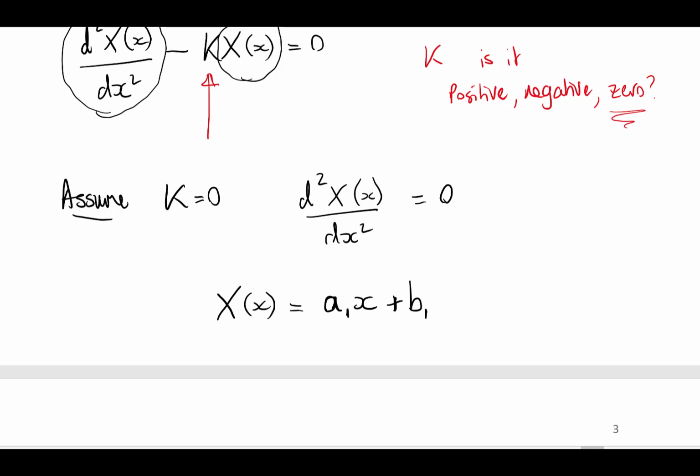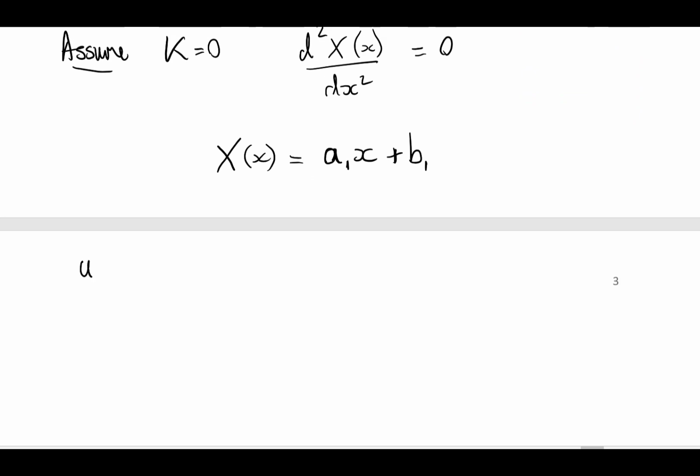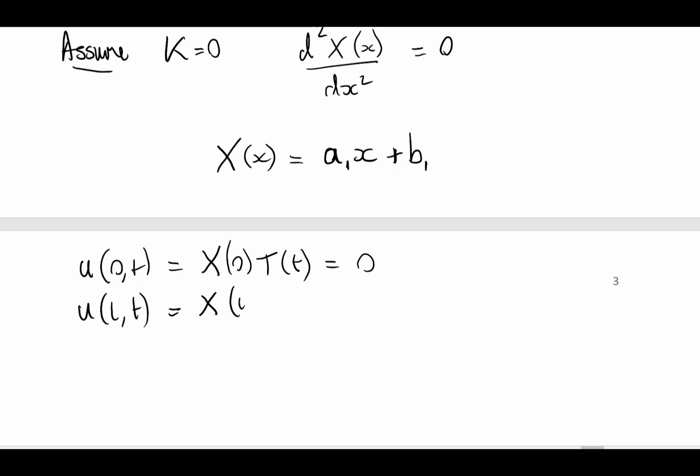Now, of course, we still care about our string. These were the boundary conditions that we set. So let's remind ourselves of the boundary conditions. u(0,t) is equal to X(0)T(t), and that would be equal to 0. Also u(L,t), when x is equal to L, the end of the string on the other side, is equal to X(L)T(t), and that also needs to be 0.